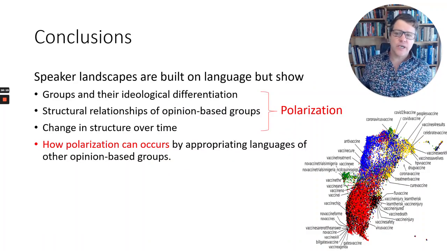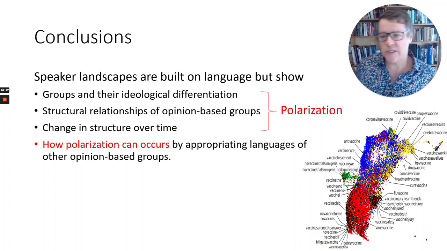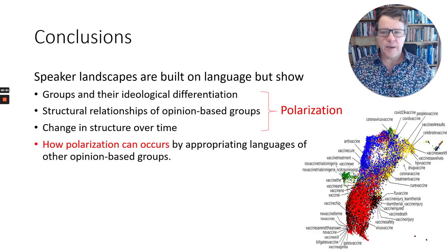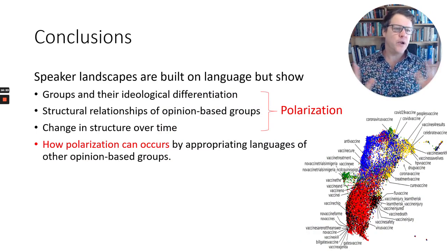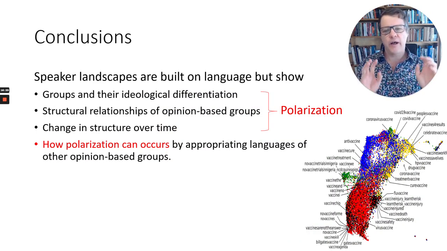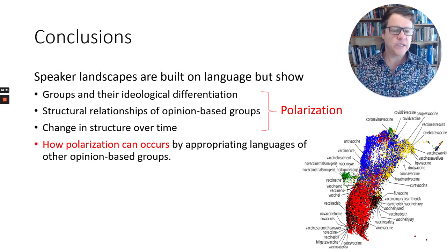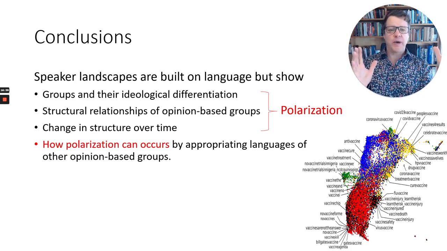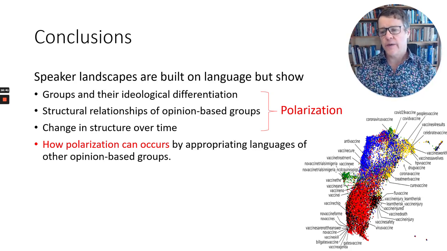And so, what conclusions can we draw from this? So, firstly, speaker landscapes are constructed purely on a machine learning algorithm that studies language. It represents the similarities and differences in the language that individuals use, and then we represent those individuals in a two-dimensional space according to the language that they use.